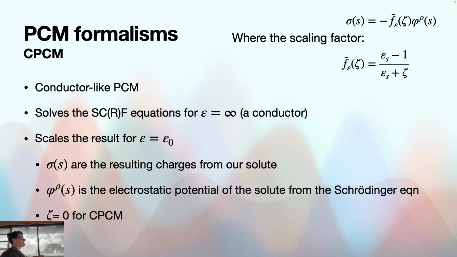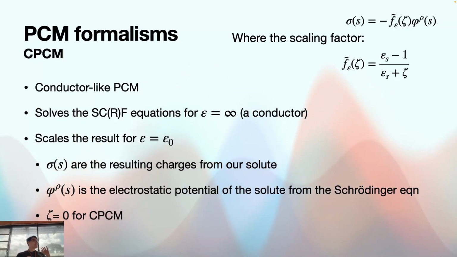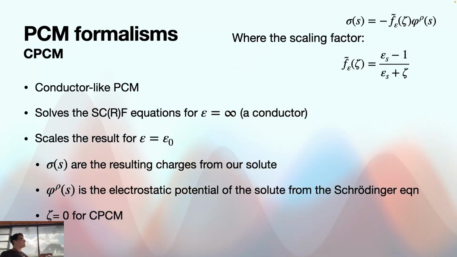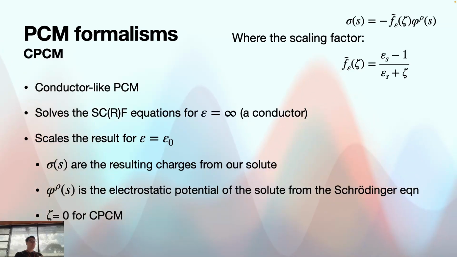Sigma S are the resulting charges from our solute, so this convention will be used throughout this presentation. Psi S is the electrostatic potential of this solution from the Schrodinger equation, so that's what we're scaling everything by, and f of epsilon gives us this function here, which is our scaling factor, and in this case for CPCM we use 0 for zeta.